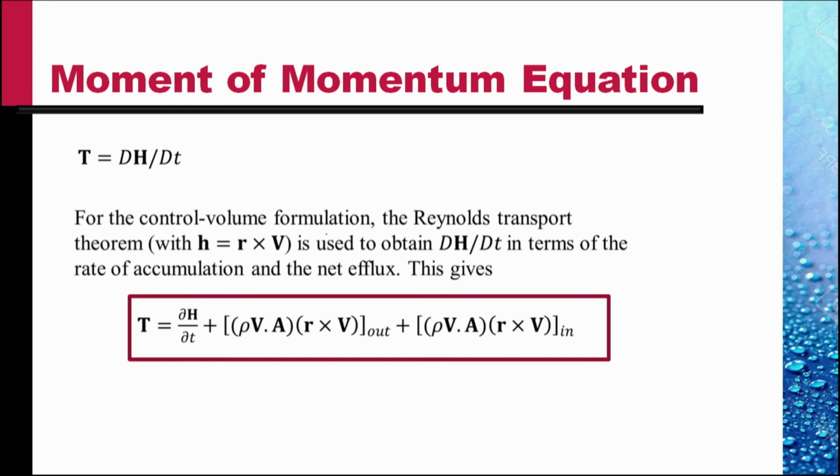So we get the equation for a control volume as T is equal to delta H by delta T, which is the rate of accumulation of angular momentum within the control volume, plus the net efflux of momentum across the control surface at the inlet and outlet. We again would use the same sign conventions as we use for momentum.